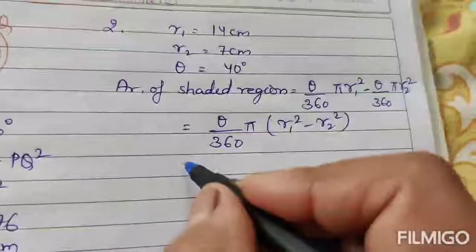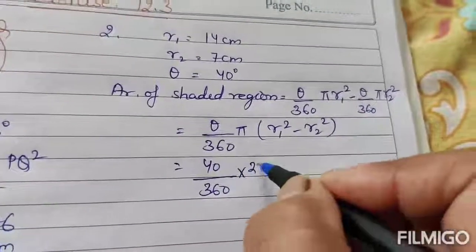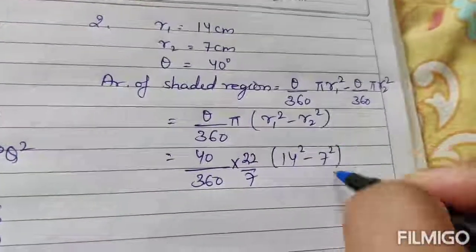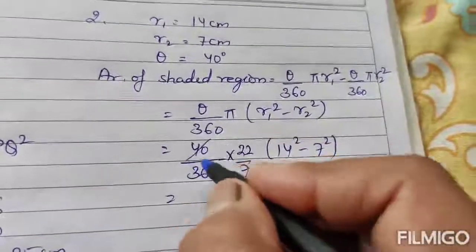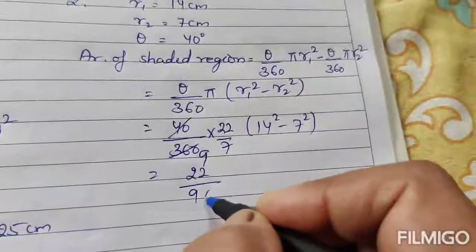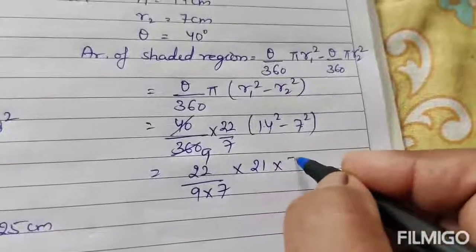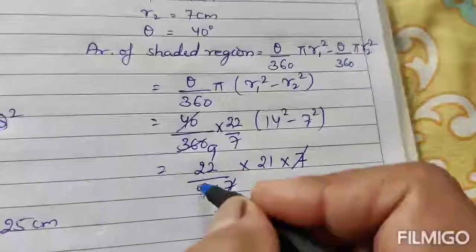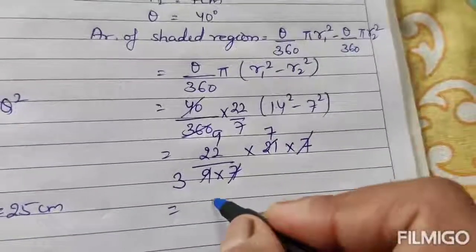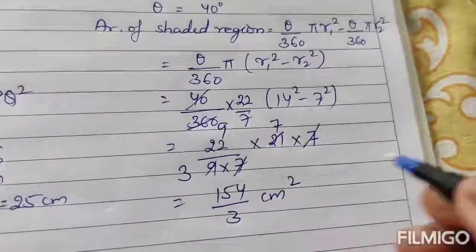Put the values: theta is 40 by 360 into 22 by 7 and 14 square minus 7 square. A square minus B square equals A plus B into A minus B. By canceling this, we get 154 by 3 centimeter square.